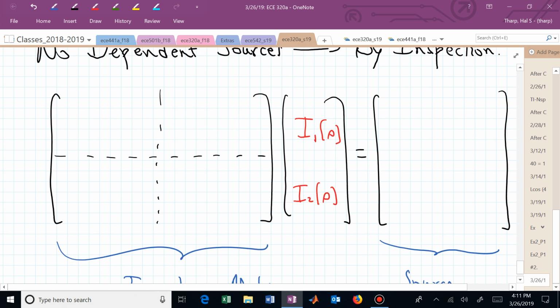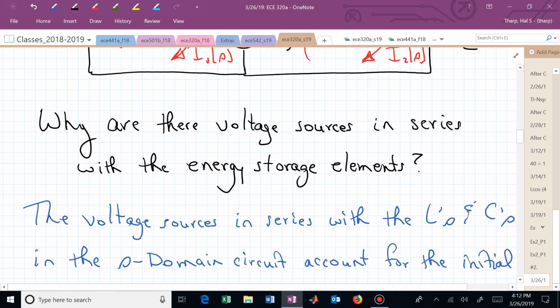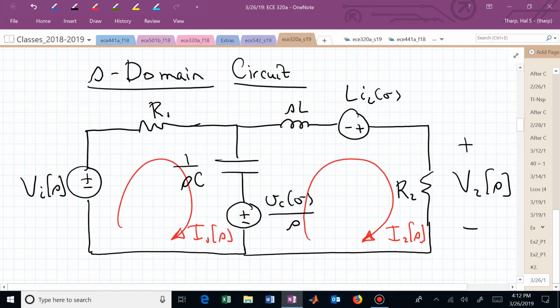Let's see how we can populate this matrix. Let's start with the 1, 1 element. The 1, 1 element is going to be these impedances that all multiply I sub 1. If we go back to our circuit, and think about writing a mesh equation in mesh 1, what happens? If we started at the lower left, we would have minus V sub I of s.